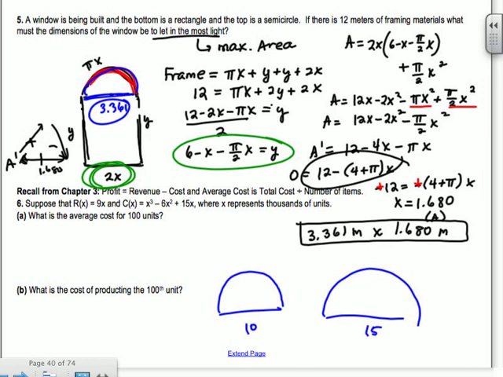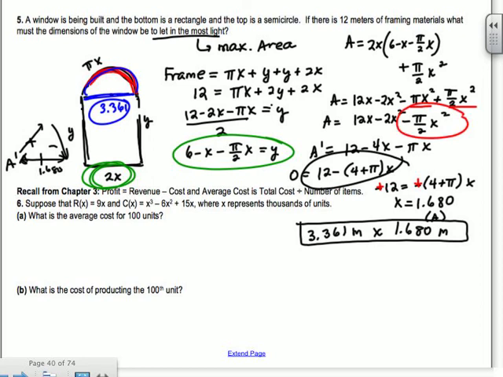Yes, Kat? Like, we have A equals 2x times 6 minus x minus pi over 2 x. Okay, that was the area right here. So how do you find area? What equation do you use? So area of a circle would be pi r squared.